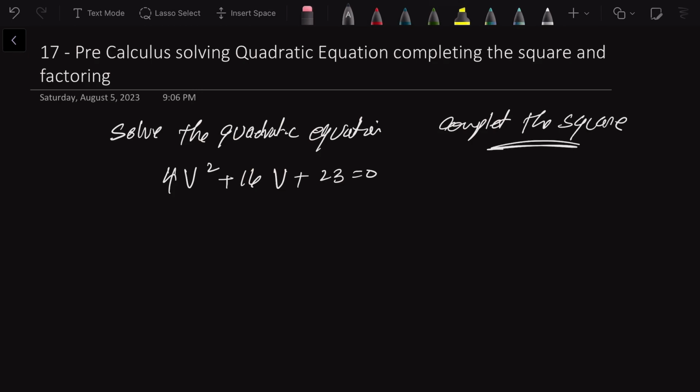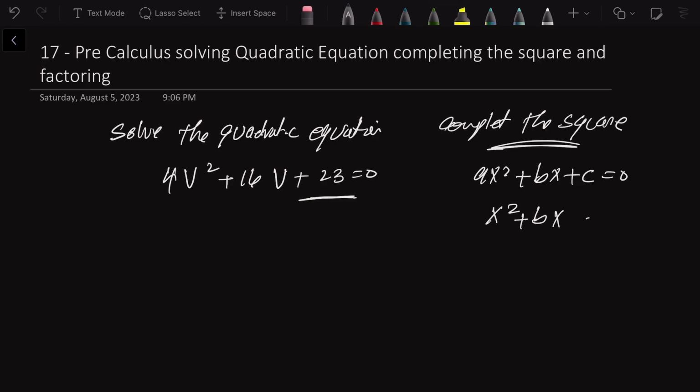we have to put the equation in a certain format. So the regular format is ax squared plus bx plus c equals 0, right? We want to put this equation in this format here, which is x squared plus bx equals 0.